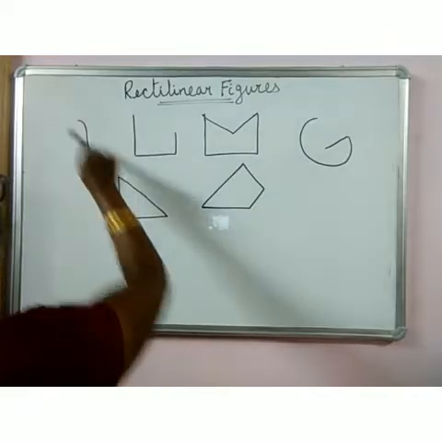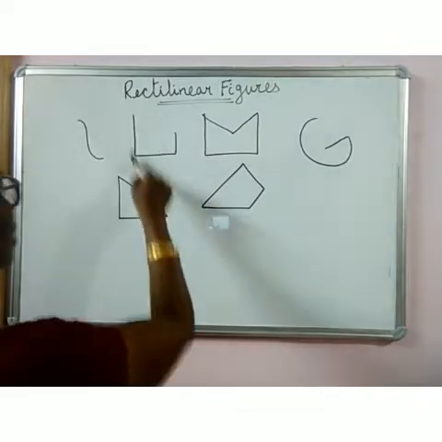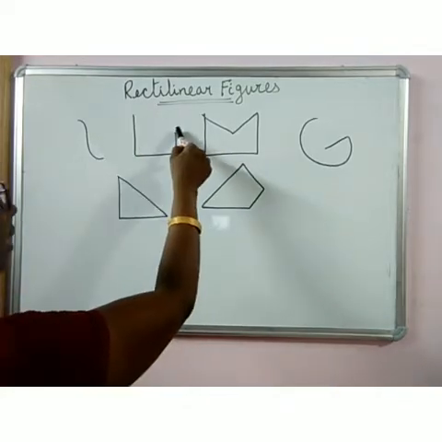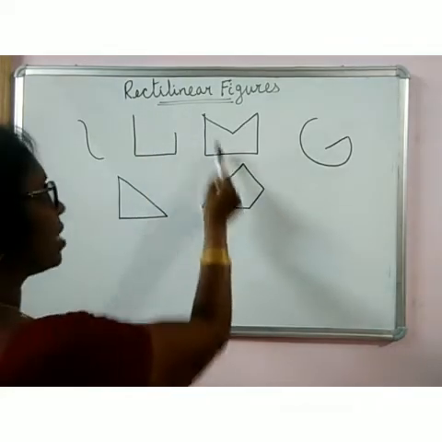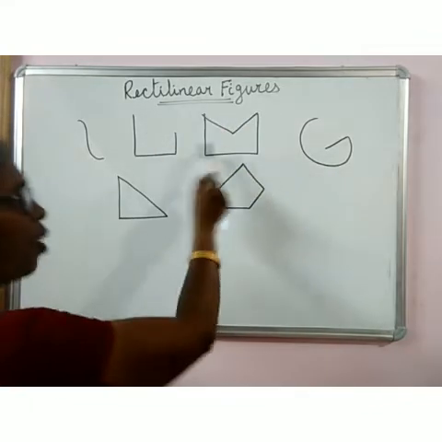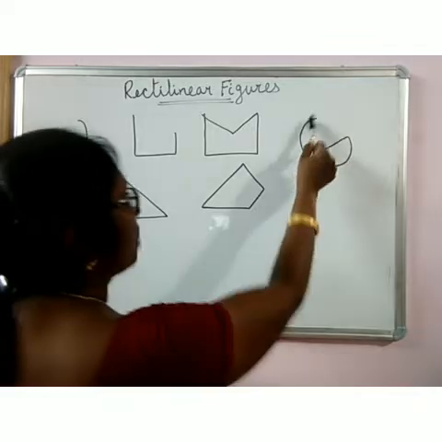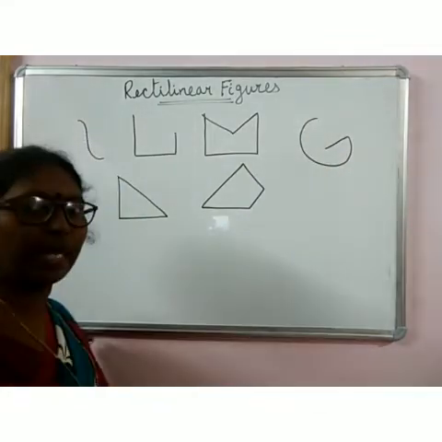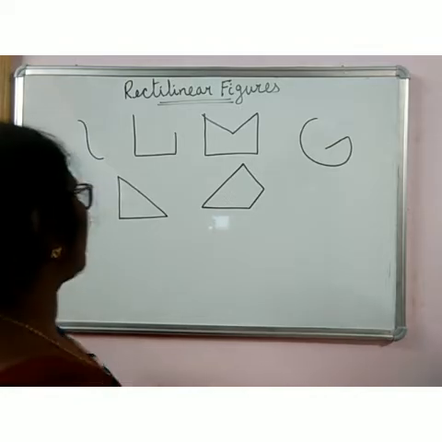So this is an open figure. This one is also an open figure because this is the starting point, this is the ending point. But this is closed. From here I have started and reached the same point. This is closed. And this is open. Starting point and ending point are not the same.